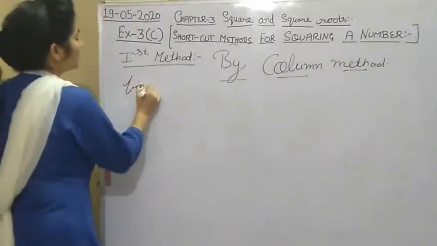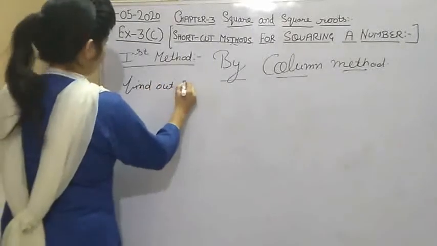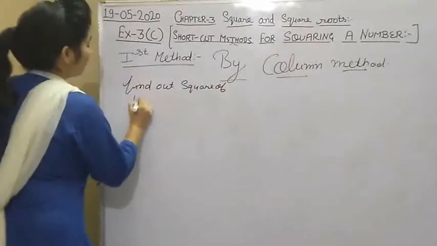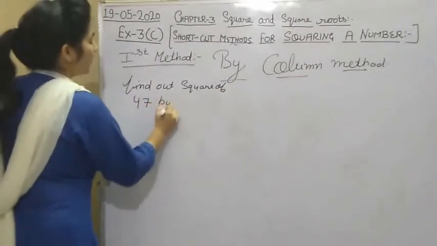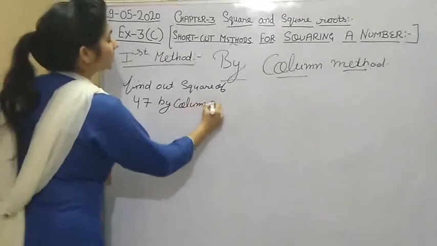Find out the square of 47 by column method.